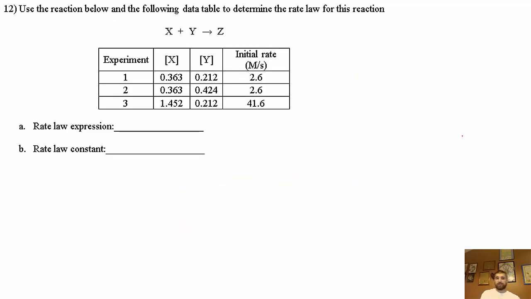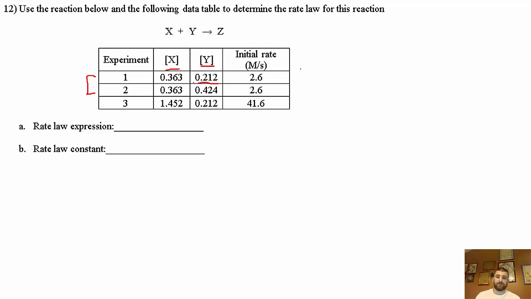12. Use the reaction below in the following data table to determine the rate law for this reaction. So we have to figure out, well, what's the rate order in terms of x and what's the rate order in terms of y. So in order to do that, we have to isolate. So if we take a look at experiment 1 and 2 over here, you can see that the x's are the same and we change the y. The y goes from 0.212 to 0.424.